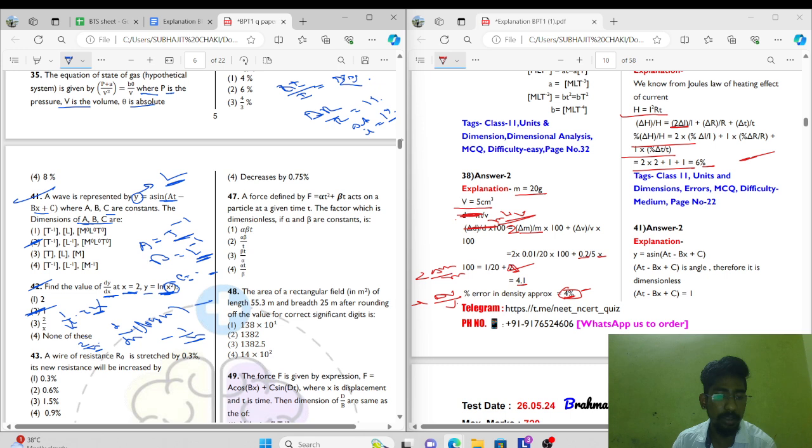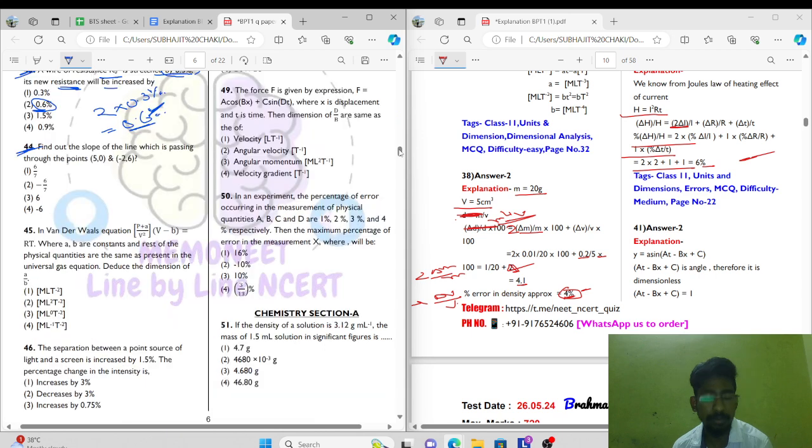That is 0.6%. You guys should remember that. The value should always be twice the stretched value. If it is twice, that means the value will be 2 into 2, means 4%. If it is thrice, it will become 2 into 3, means 6%. So here it is given 0.3%, so the error will become 0.3 into 2, means 0.6%. This is the way you have to remember.